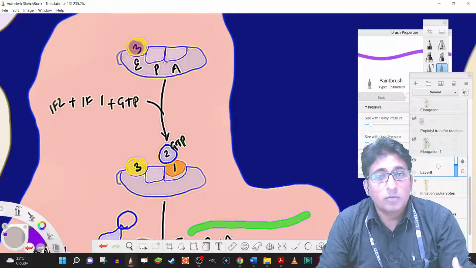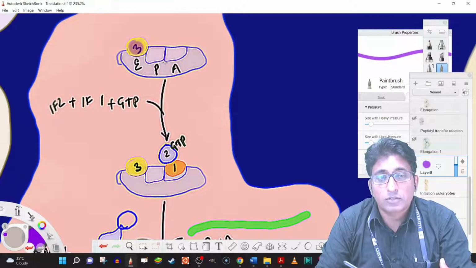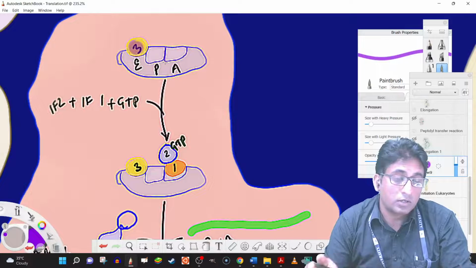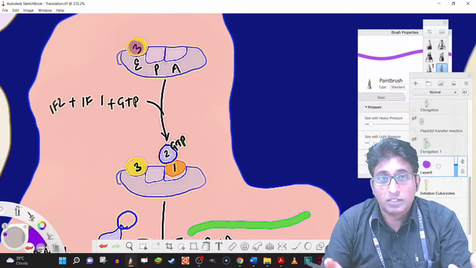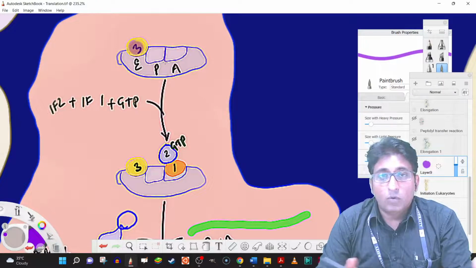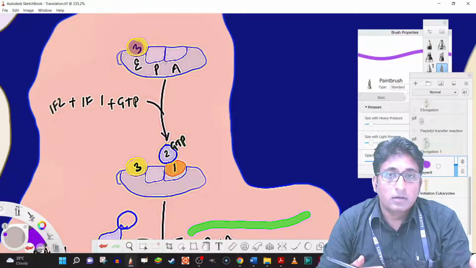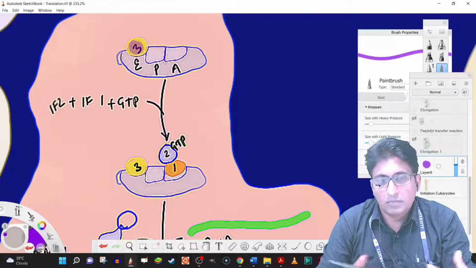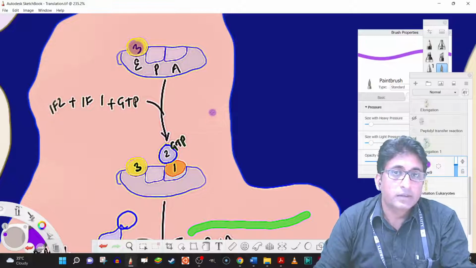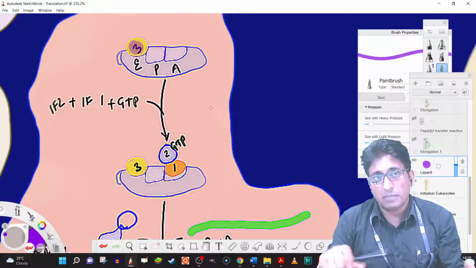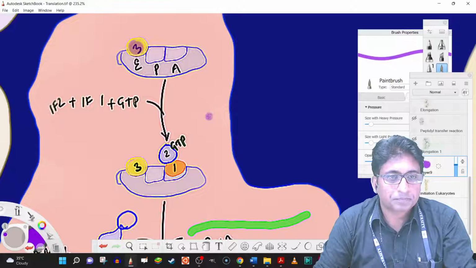The main job of initiation factor 3 here is to prevent the loading of the 50S subunit, the large subunit, onto the small subunit, so that initiation can be done. If the ribosome is fully formed, then initiation may not occur, or it cannot identify and bind the mRNA.